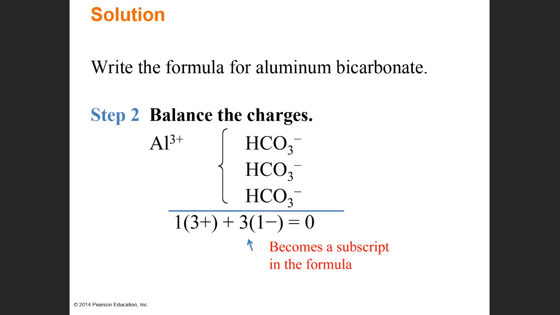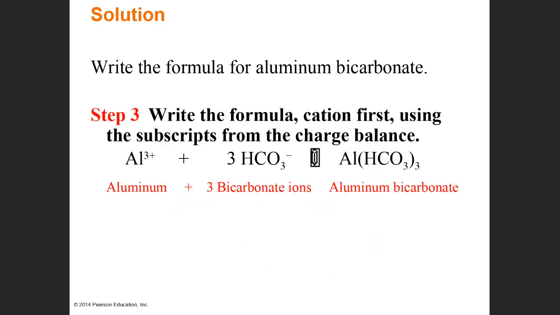So that means our subscript is going to be a 3 here, and the aluminum would have a subscript of 1, but we don't bother to write in ones. So we're going to put a 3 here, but then again, we need the parentheses whenever a polyatomic ion has a subscript.